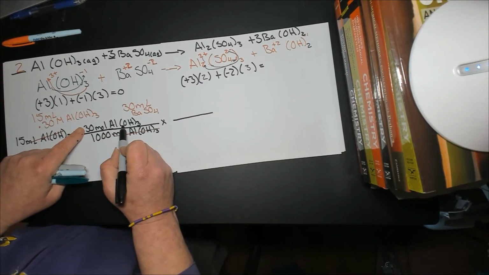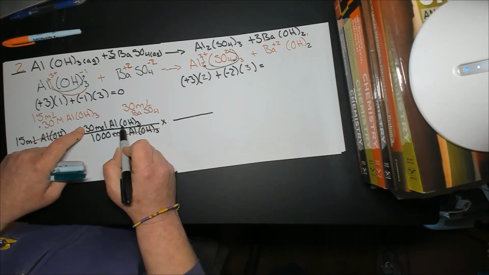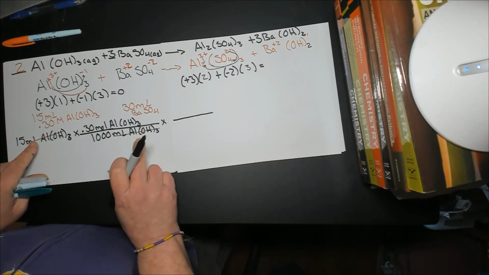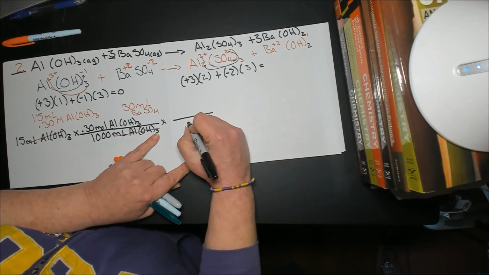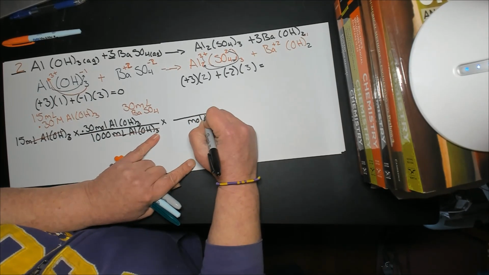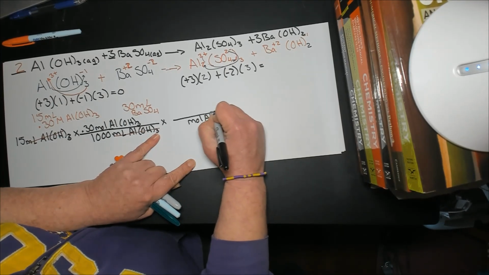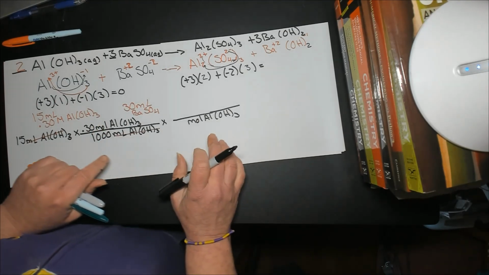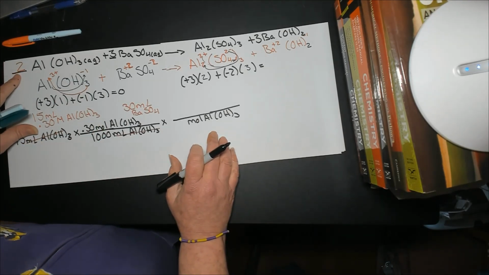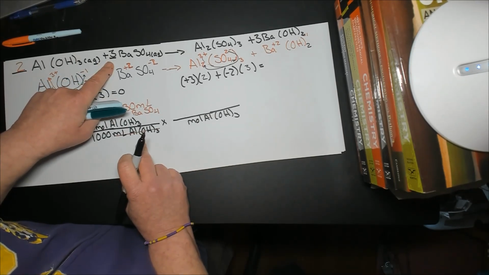So here is my moles of aluminum hydroxide. I need it to go away. To make something go away, I divide by itself because that just equals 1. So I need moles of Al(OH)3 on the bottom. So those divide and become 1. And let's see what goes there, though. I have 2 moles of Al(OH)3 to 3 moles of barium sulfate.